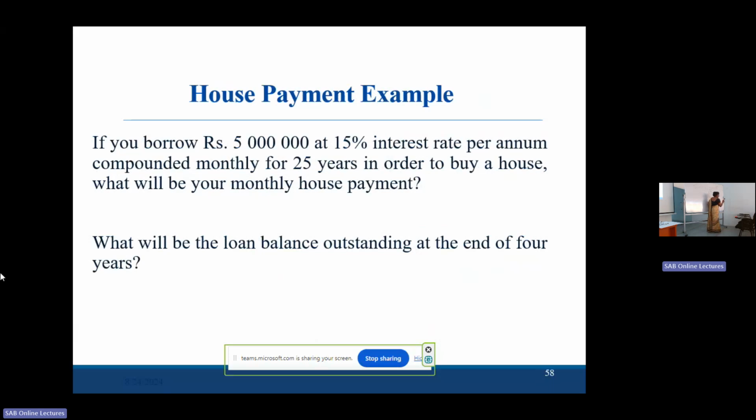This is monthly, 15% divided by 12, 0.0125. So this is the outstanding balance.